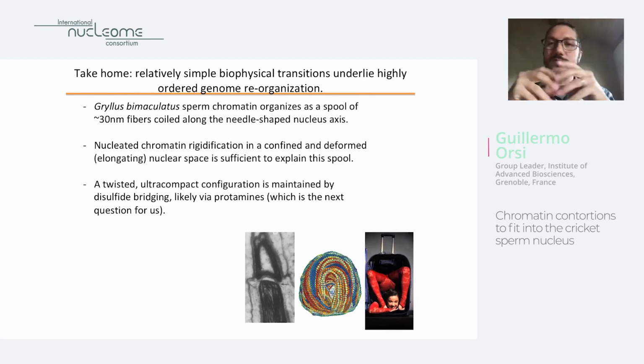Namely, you just need to rigidify chromatin in a nucleated fashion. And then nature really contributes to itself when it achieves this twisted configuration that apparently can achieve a maximum level of compaction and solidity for the DNA to safely travel between the testicle and the egg.